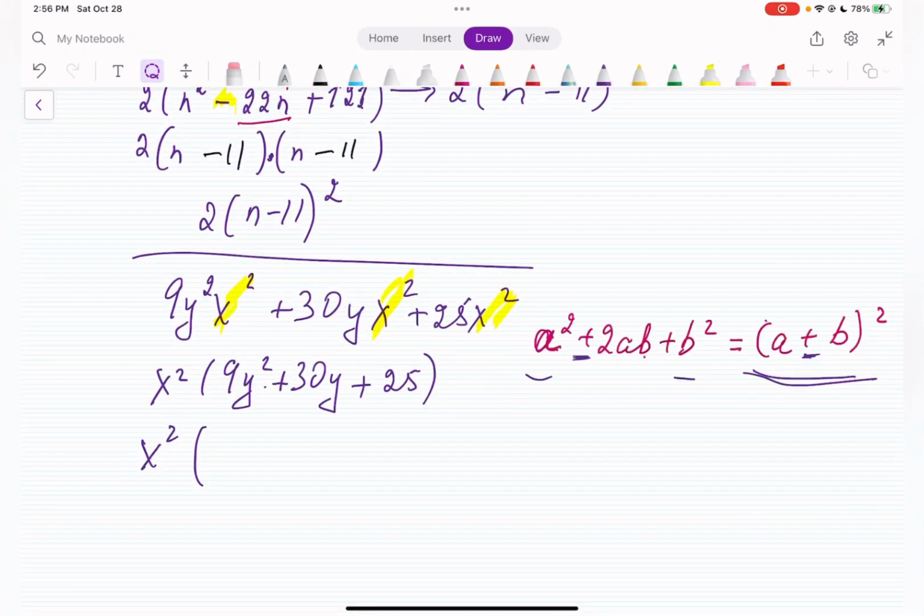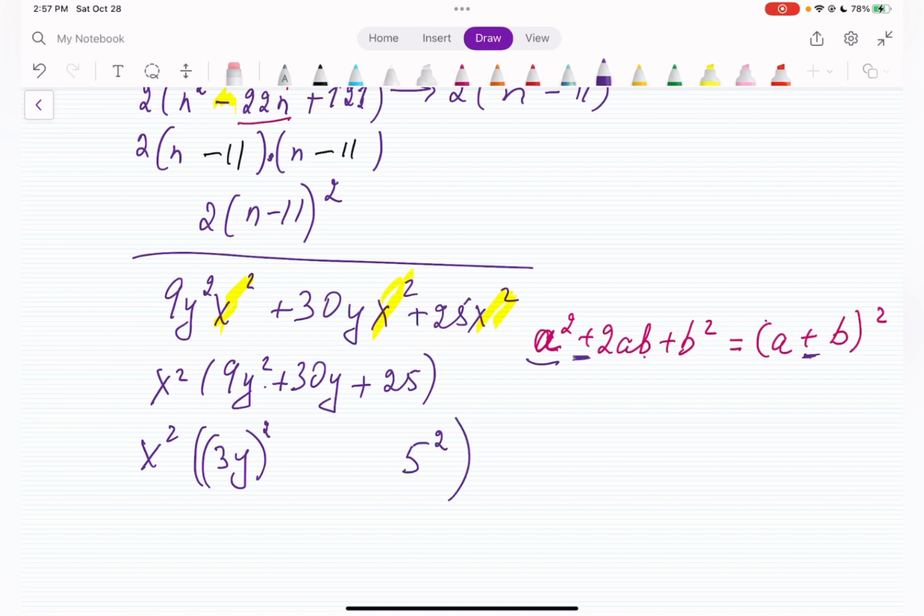So we can use it. And I will delete this. Okay. So let's see. See if I can represent a squared. Here will be 3y squared. 5 I can represent as 5 squared.